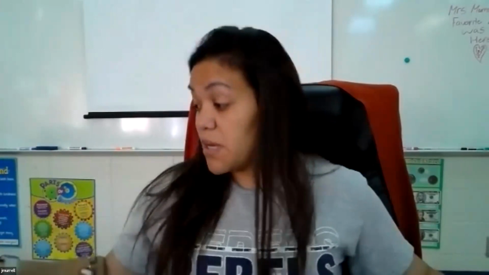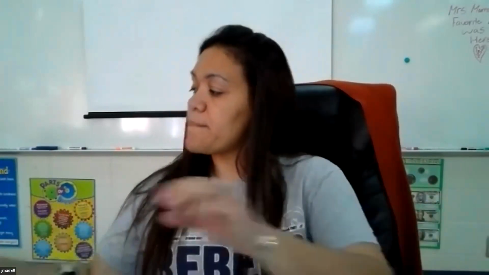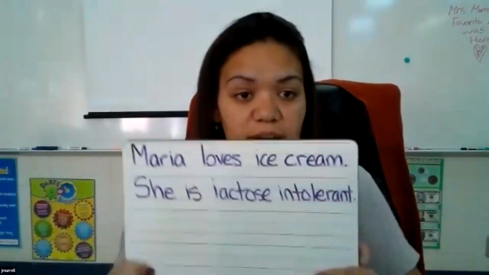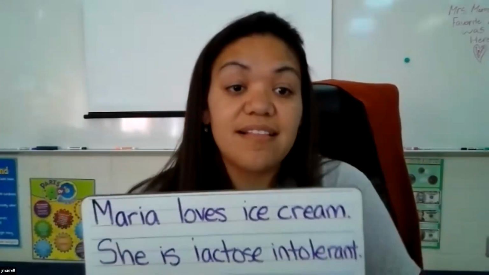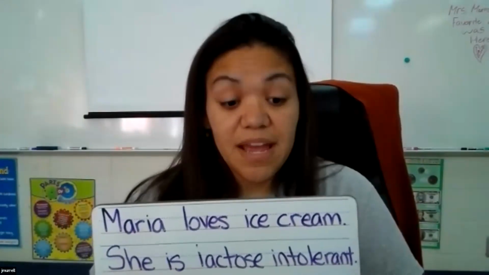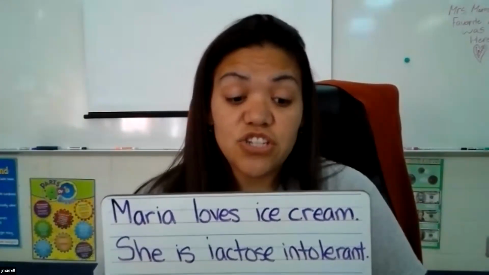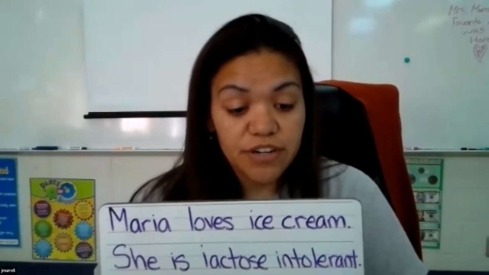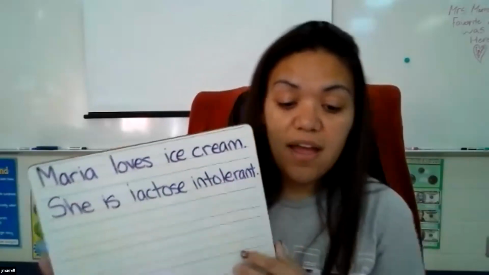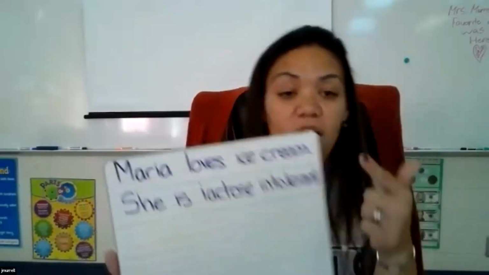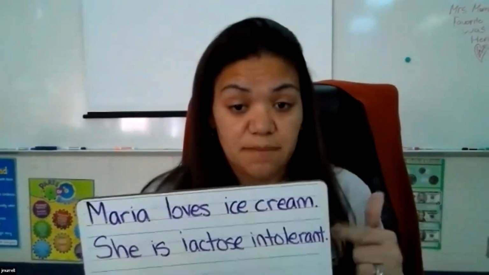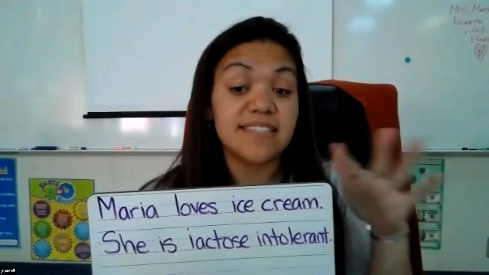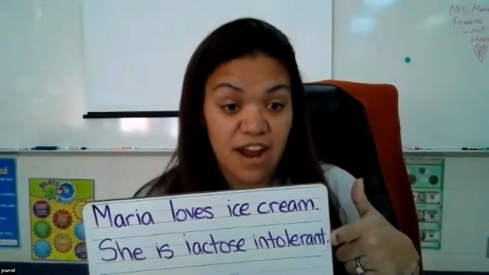So I'm gonna show you two sentences. The first one is Maria loves ice cream. The next one is she is also lactose intolerant. Now, both sentences talk about the same thing, correct? Or the same noun, right?